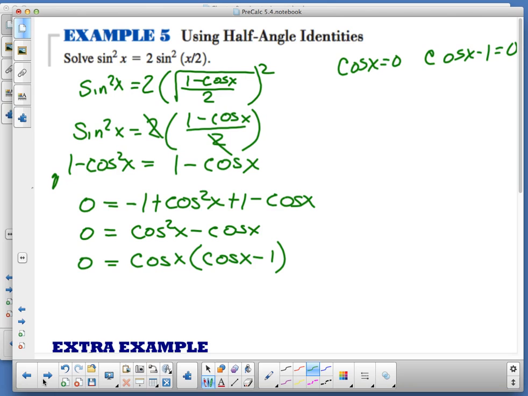So I'm looking for the zeros of cosine x, and remember, we just did the zeros of cosine. Cosine being 0 is pi over 2 and 3 pi over 2. So those are the zeros from my cosine. But keep in mind, they didn't give me a range.